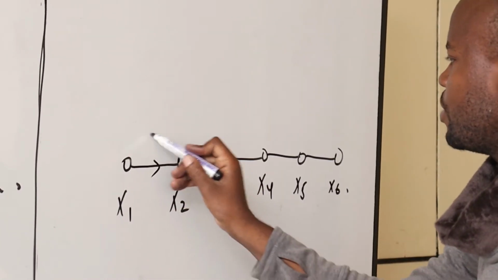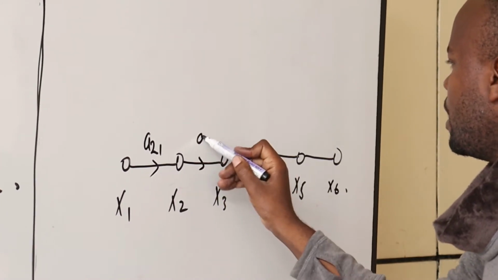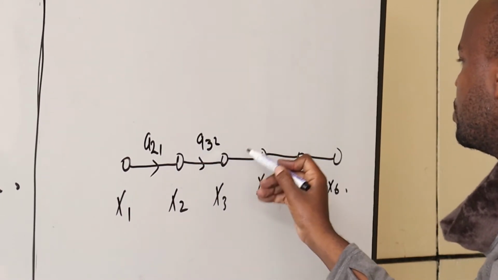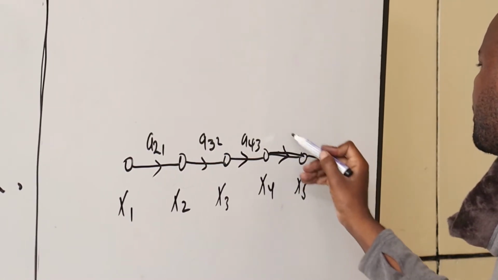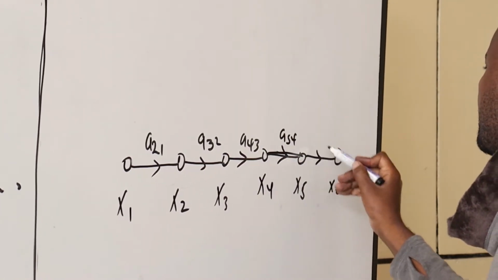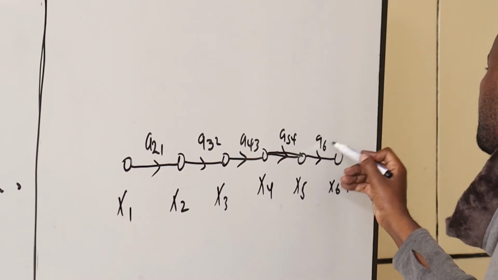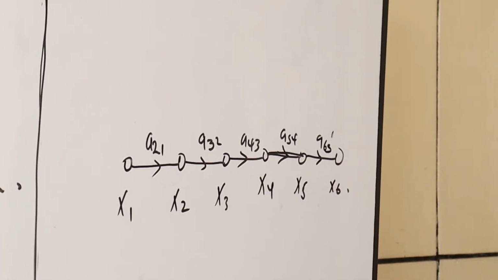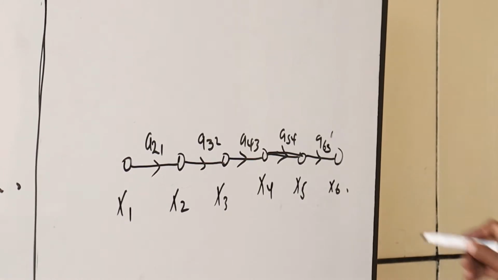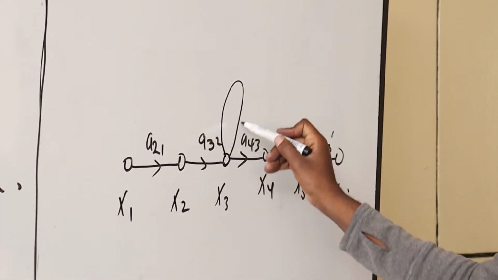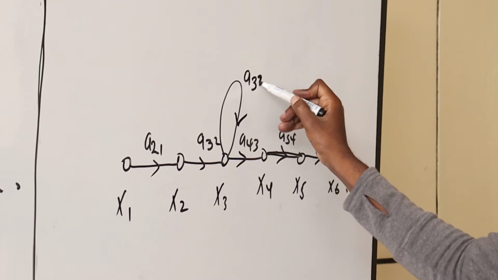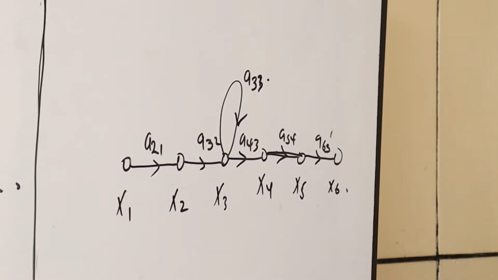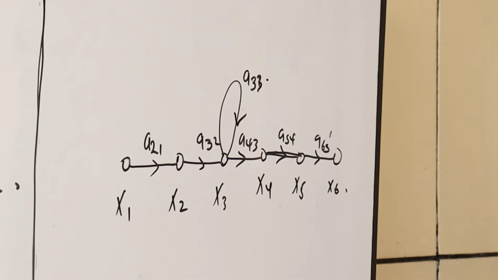Then we can have A21, A32, A43. Then here we can also have A54 and A65. At x3 here, we can have something like that. Maybe we can call this one A33. So we are going to make reference to this when we will be carrying out our definitions.